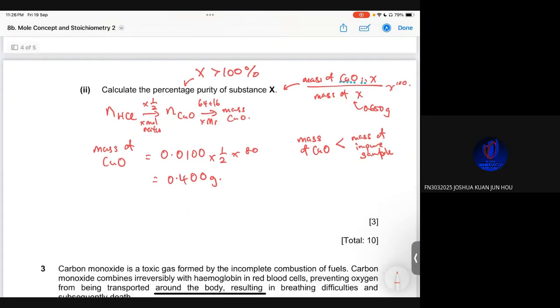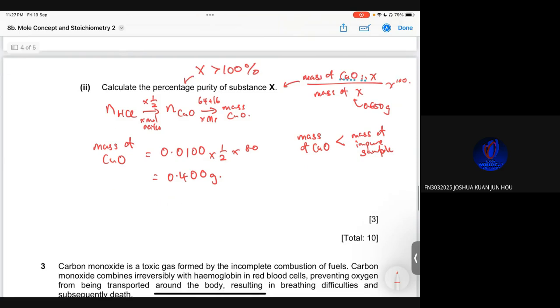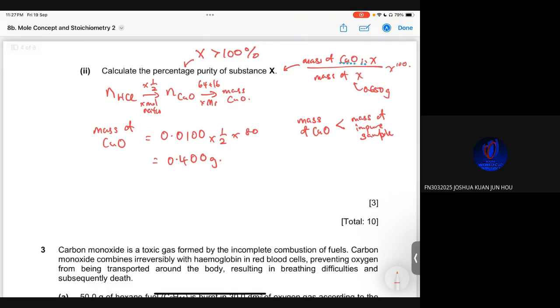Which means that if CuO is 0.400, there must be 0.250 grams of impurity. So percentage purity will be 0.400 grams divided by 0.650 grams times 100. You're going to get 61.5%. Okay, any questions so far? Thumbs up if all okay.